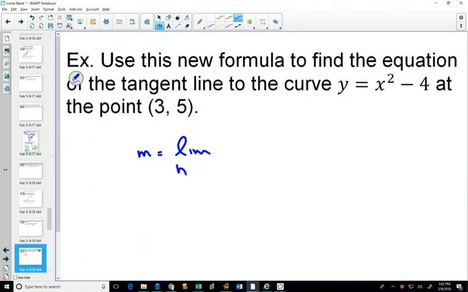is going to be the limit as h goes to 0 of f of 3 plus h. So what does that look like?